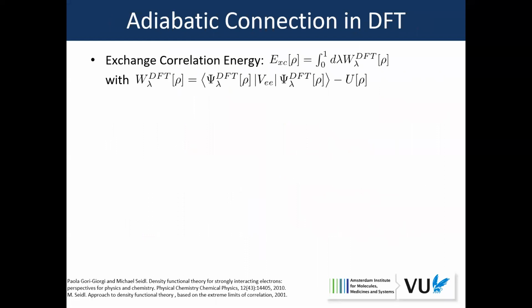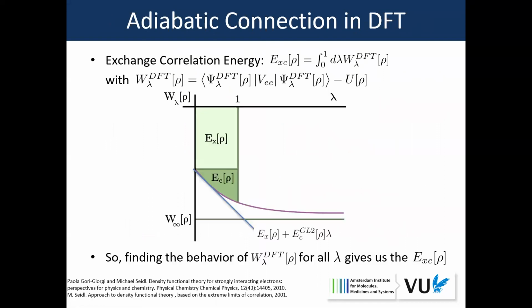Okay. So in the DFT adiabatic connection, we can calculate the exchange-correlation energy using this integral. Or the other way around, you can take the derivative to get the W lambda. And you get these kinds of plots if you calculate it for all lambda, but this is of course similar to solving the Schrödinger equation for all these lambdas.